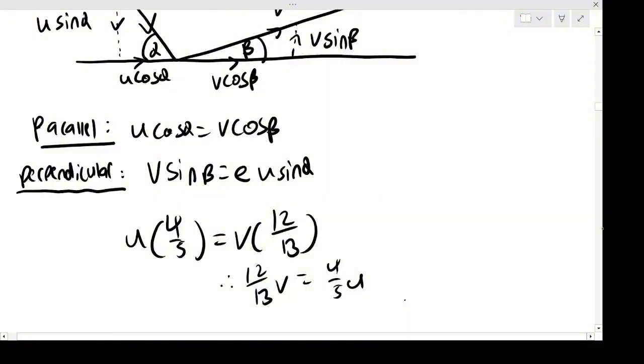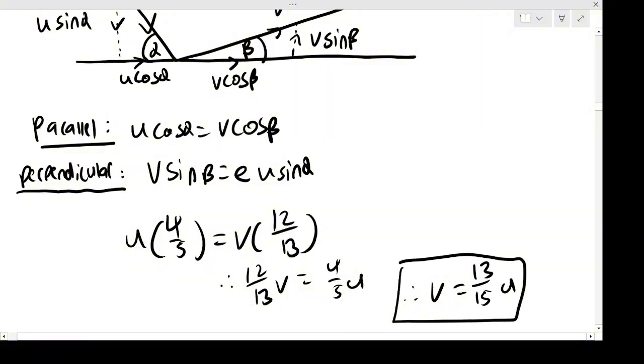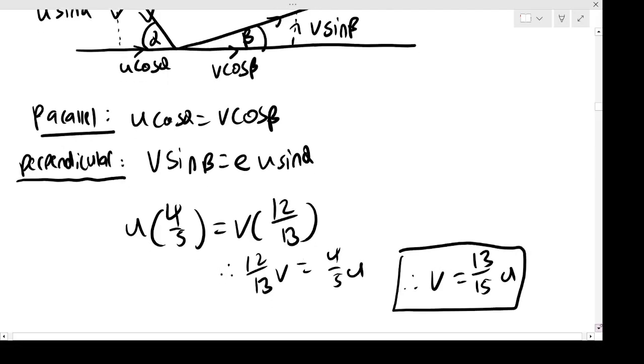Then I can divide by 12/13. So I can directly solve for v here, and so I get 13/15 u. Okay, and there we are. That is v there.